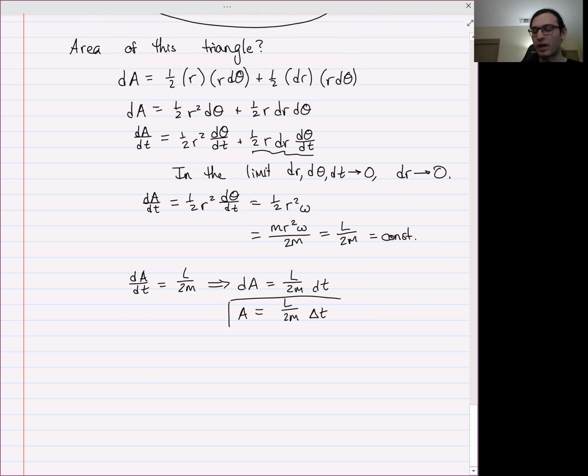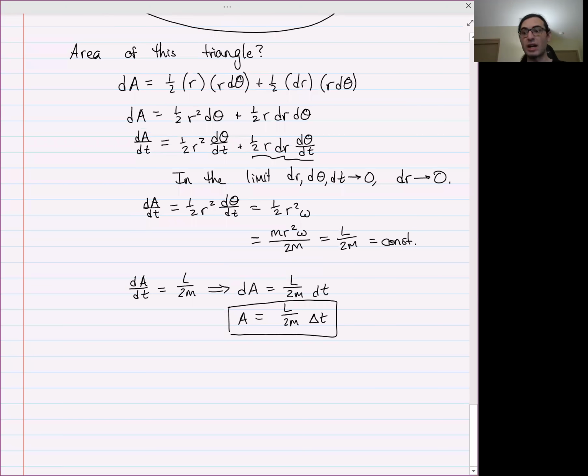So this is the area that an orbit sweeps out in time delta t: the duration times the angular momentum L, divided by twice the mass. And that's it. That is the area, and you can check that the units actually make sense.